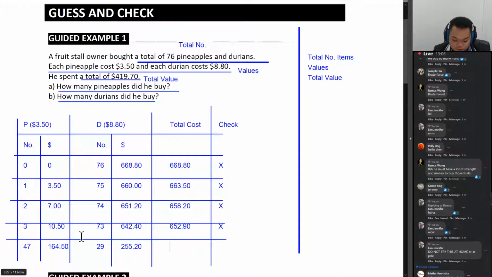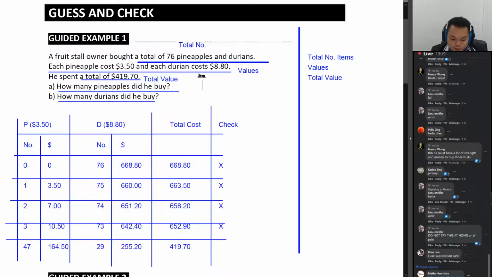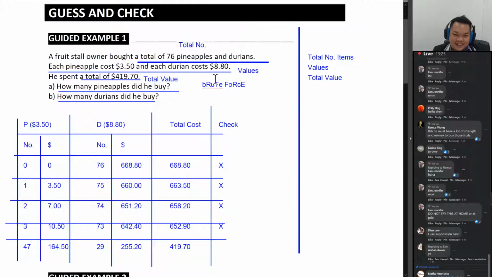Then if you check this out, 164.5 plus 255.2 will give you 419.70. Eventually you will get there if you use brute force hard enough. But please don't do this unless you don't have a choice.